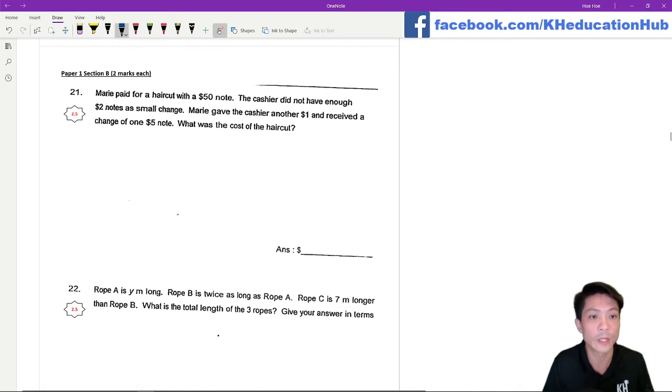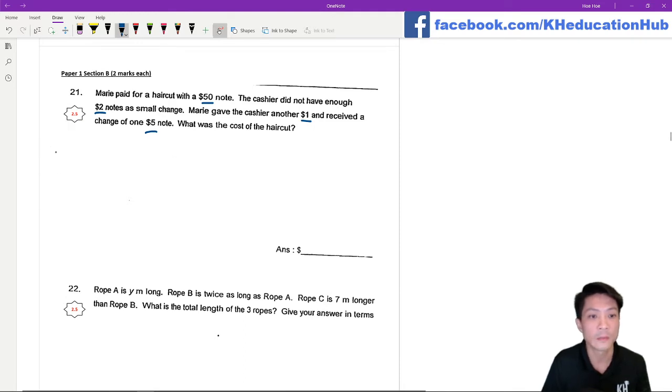Going to question 21. This one is still paper 1. Okay, Marie paid for a haircut with a $50 note. The cashier did not have enough $2 notes as small change, and Marie gave the cashier another $1 and received change of a $5 note. So what's the cost of the haircut?